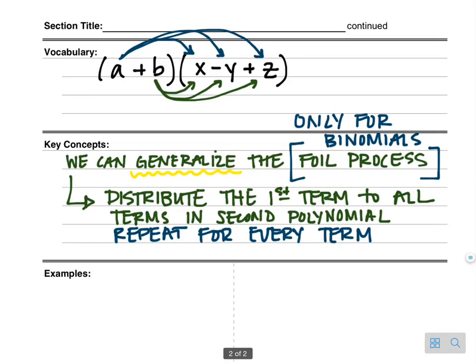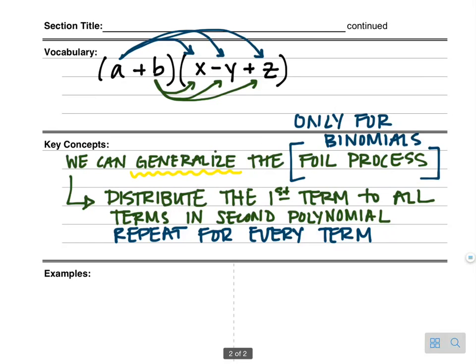And then follow that for the second term, so the b, and multiply b by the x, the negative y, and the z. Always taking a look to see if I can combine any like terms and box in my answer.